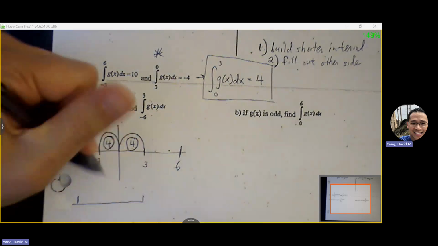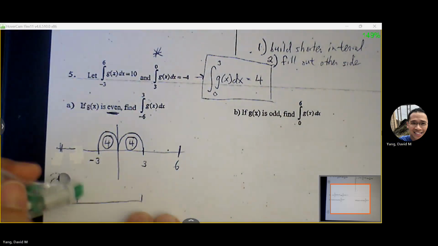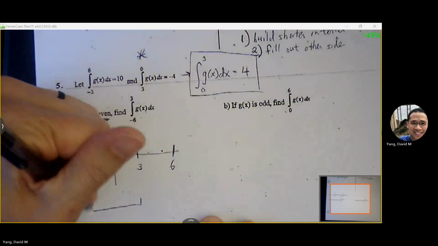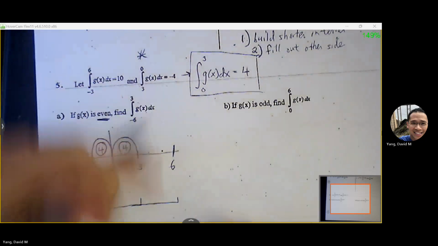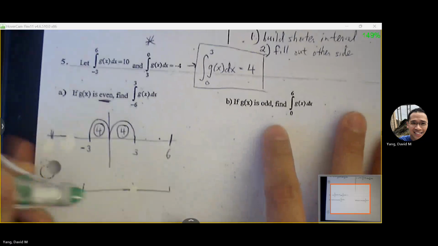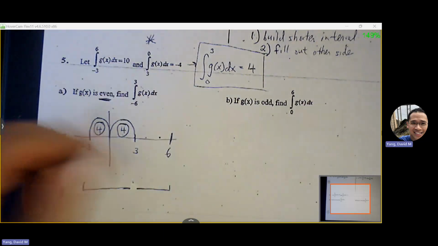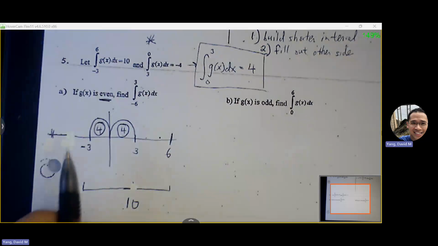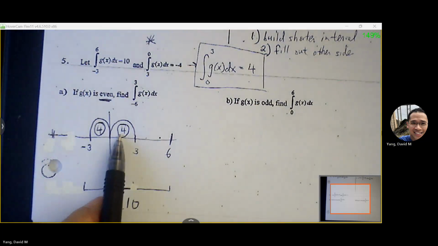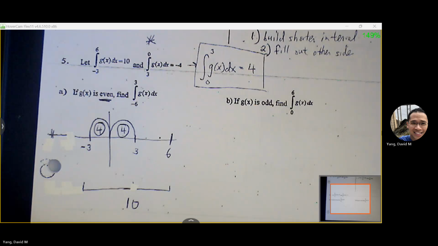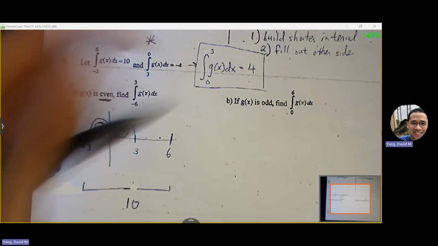Sorry, this is -3. From -3 to 6, we know that the area is going to total to be 10. We already have 8 showing. What do you know about the missing portion? Must be what? 2.